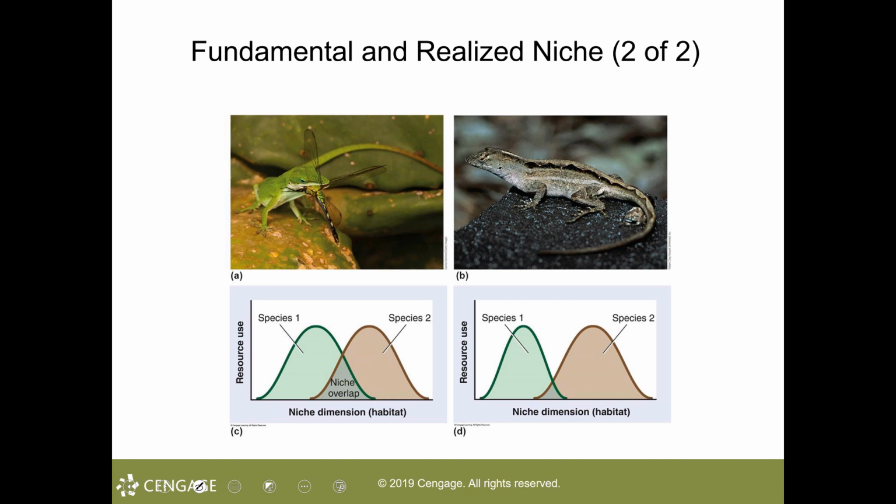So if you look even closer, class, in figure 54.3c, you can see, class, the positions of the two species along that, of course, single niche dimension. Species 1, class, is, of course, the green anole, and species 2 is the brown anole. So it's shown here, class, that the fundamental niches of the two species most definitely overlap right there.